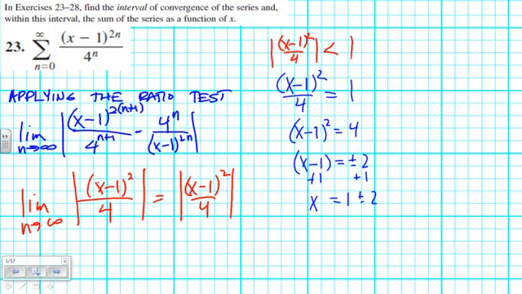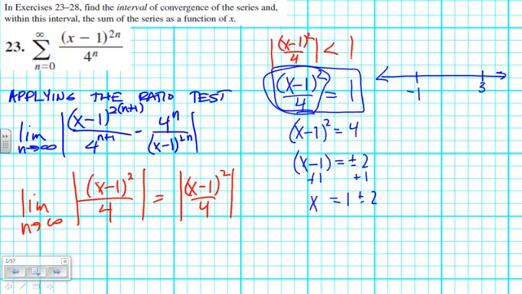Now, what does that mean for me? Well, it means that if I create a number line, there are 2 values that satisfy this equation: one of them being 1 plus 2, and one of them being 1 minus 2. Now, when x is really, really big, this expression is much bigger than 1.